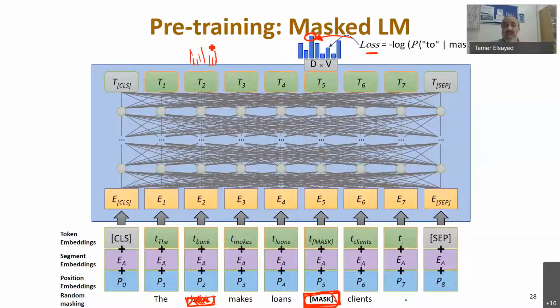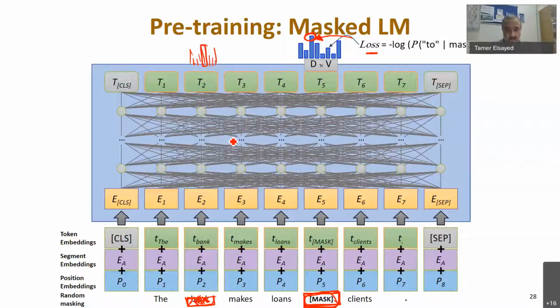We see whether the maximum corresponds to the word bank or not. If not, then we will update the model. So that's one of the two tasks that were used to train BERT. Any question about this? Is that clear?